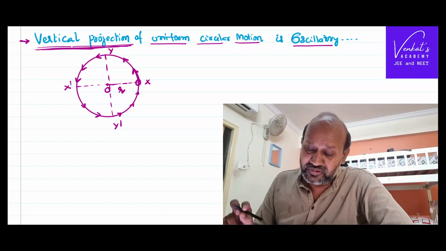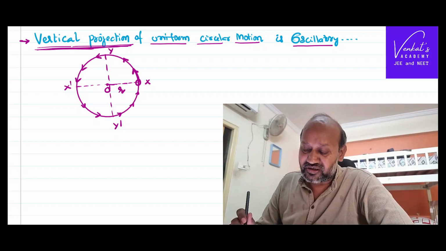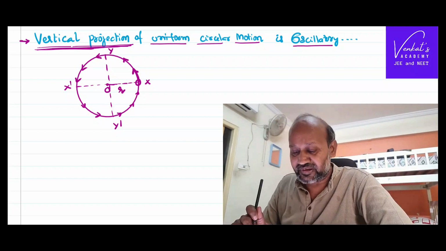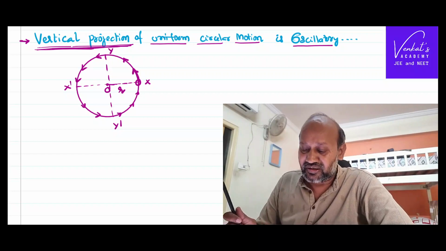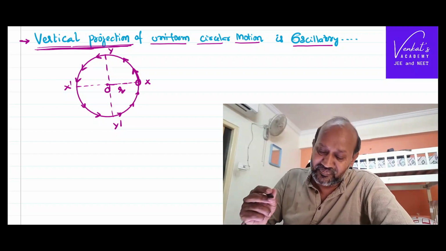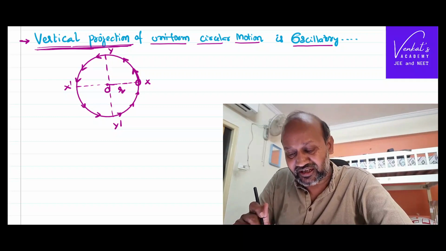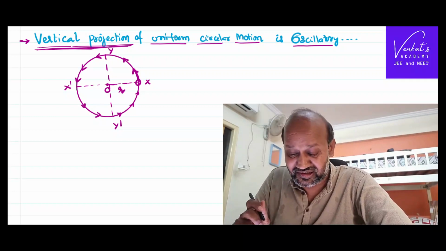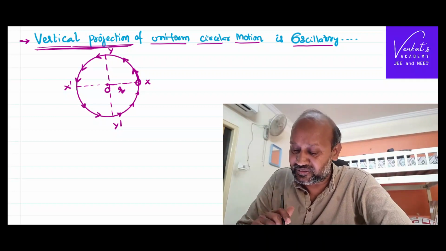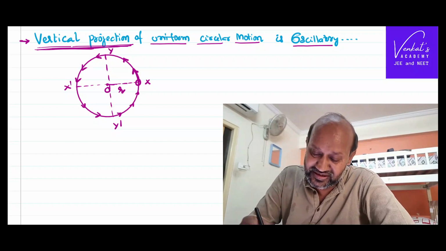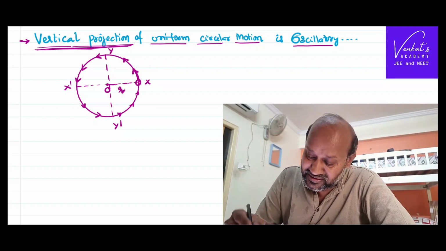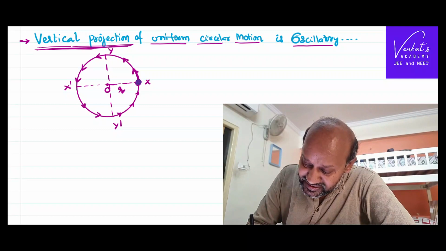Now I want to draw a vertical projection for every position of the body onto the y-axis, right? Of course, I can draw a vertical projection onto the x-axis also, but first I am drawing onto the y-axis. So what happens in that case? See, when the body is at x, you draw a vertical projection, a line onto the y-axis.